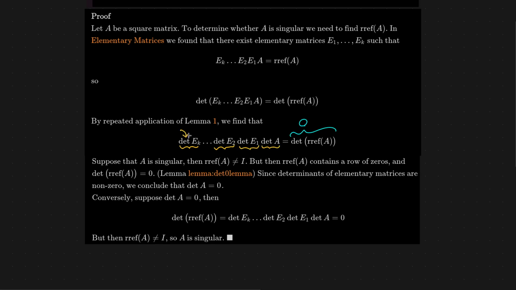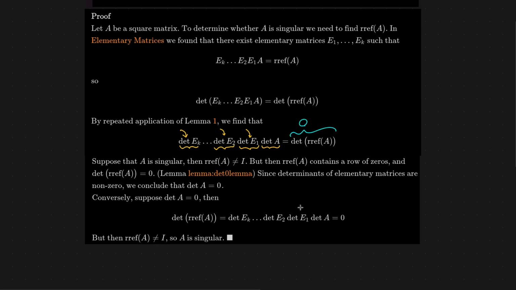But we know the determinants of elementary matrices. They're easy to calculate, and none of them are 0. Either I'm going to swap two rows, in which case the determinant will just change signs from 1 to -1, or I'm going to multiply by a non-zero constant, in which case the determinant of the elementary matrix is just k times the determinant of the identity, which would just be k times 1, or just k. Or I add a multiple of one row to another row, and that doesn't change the determinant at all.